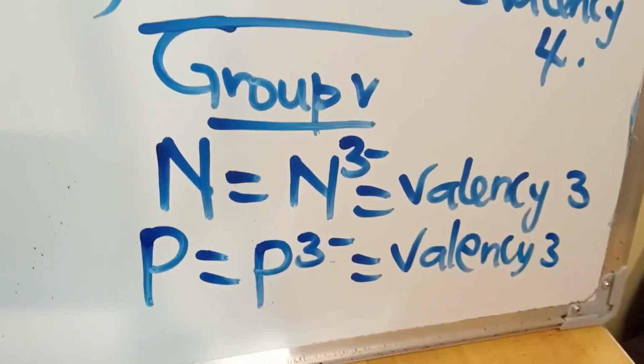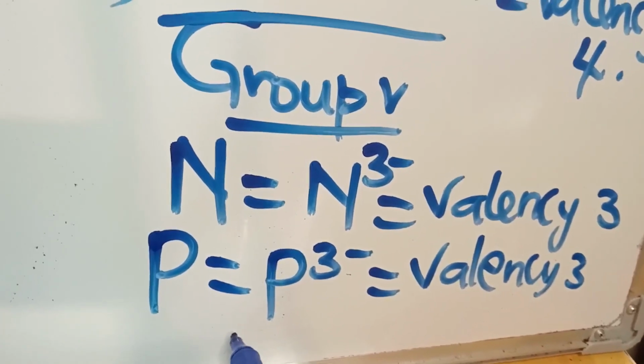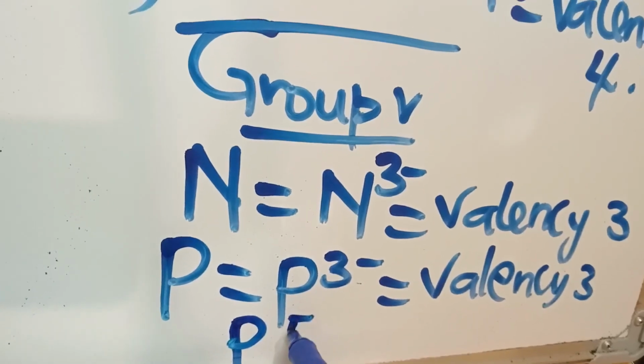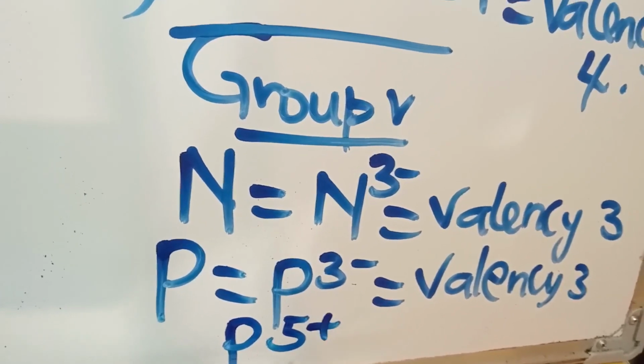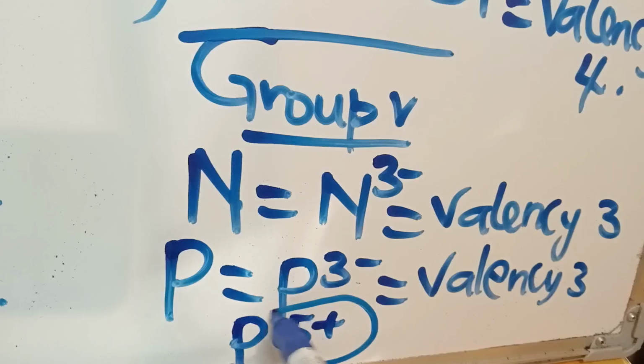But phosphorus can also behave in an unstable way and form phosphorus 5 positive, so lose the 5, though this one is very unstable.